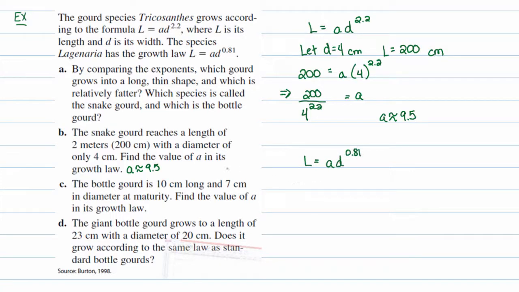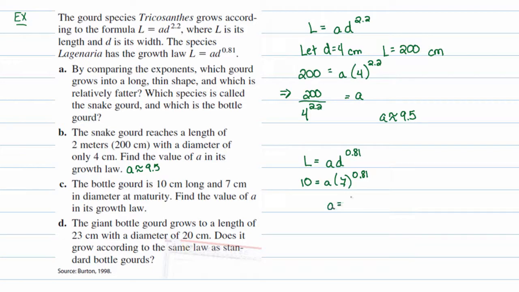And they tell me that it's 10 centimeters long and has a diameter of 7 in its maturity. So here we are. Now I can easily solve for A by dividing both sides by 7 to the 0.81 power.